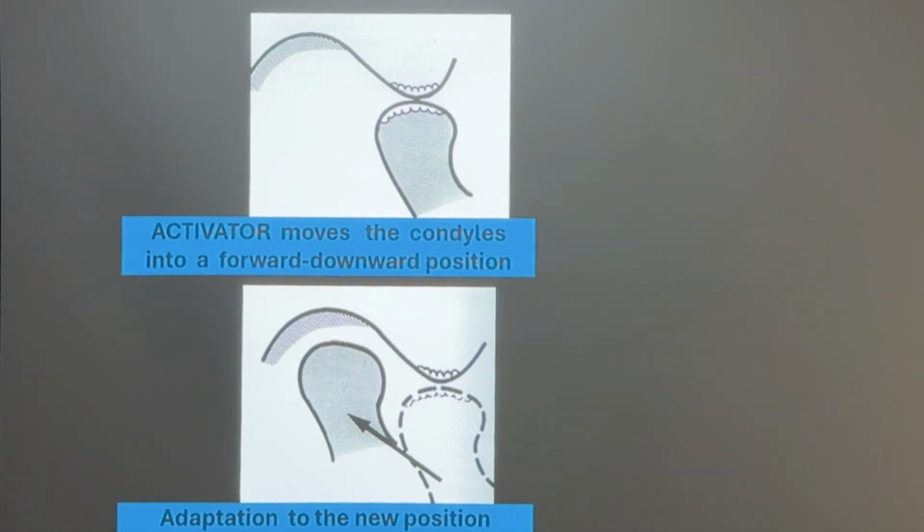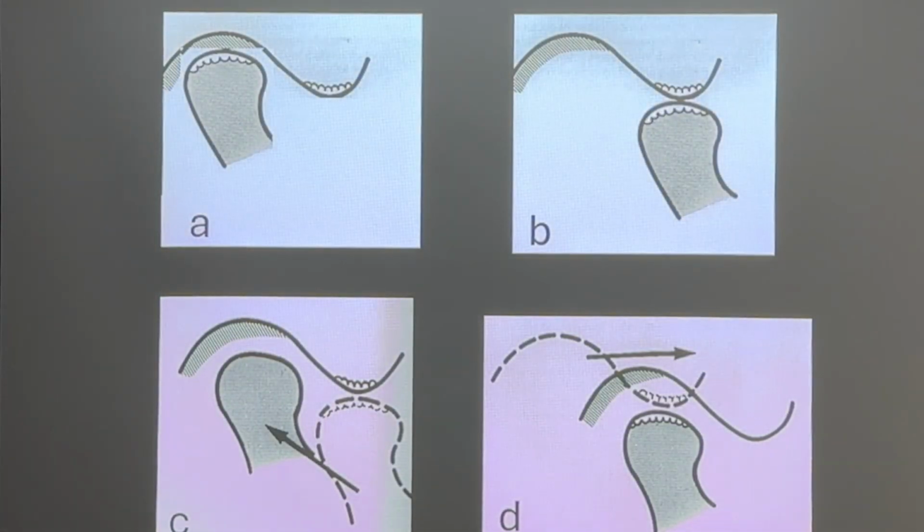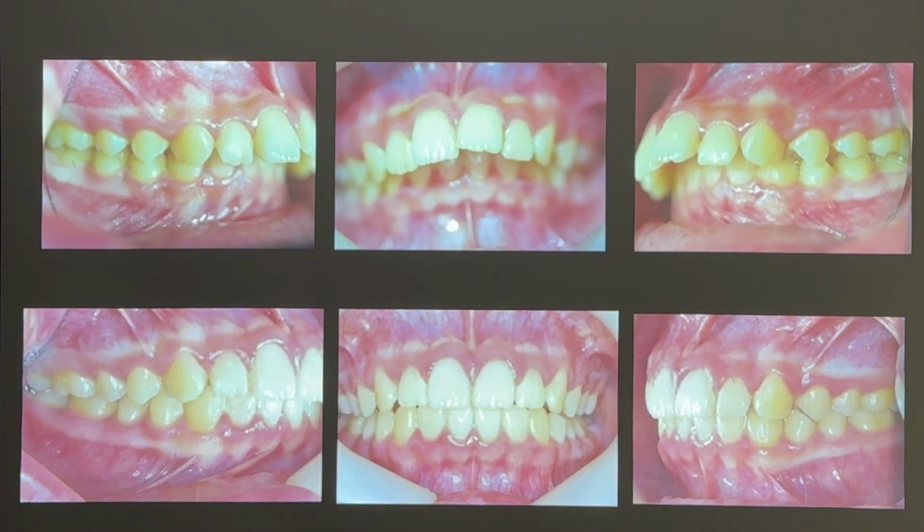I already explained this one to you. So a functional appliance is good for class 2 division 1 growing patients. Okay, the explosive growth will occur in the mixed dentition. So if we match the timing with the explosive growth of the mandible, it grows very, very nicely.